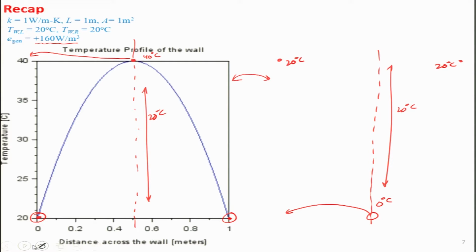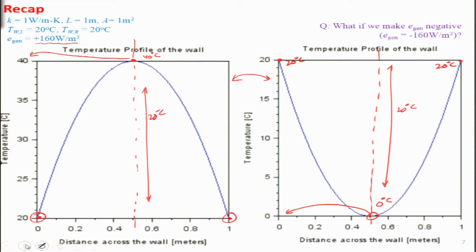Then we tried to incorporate the energy generation term, and as expected we got a parabolic profile, both upwards and downwards depending on the sign of the energy generation term. If it is positive, then the temperature in the mid plane increases. If it is negative, then the temperature goes down.